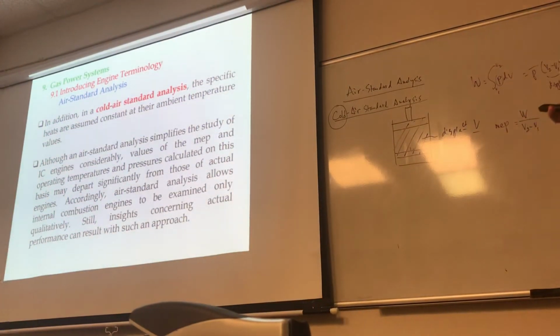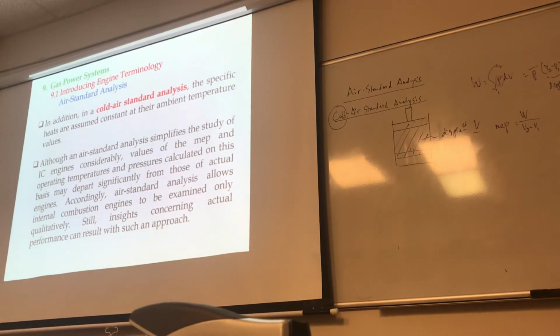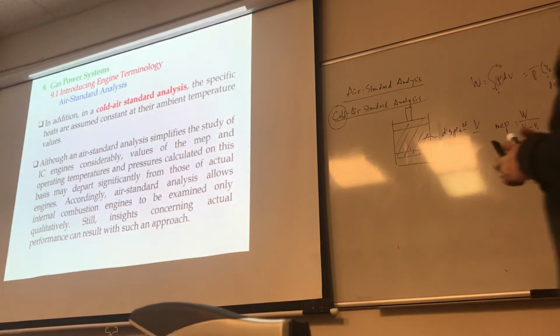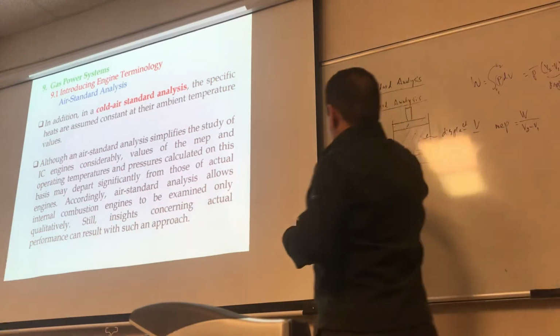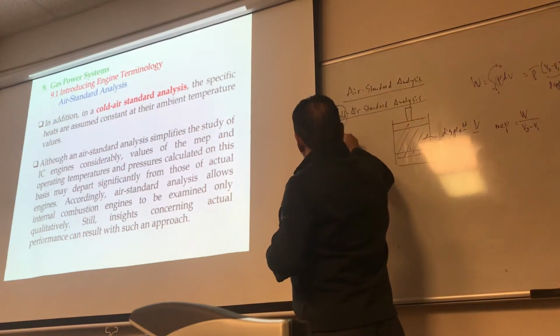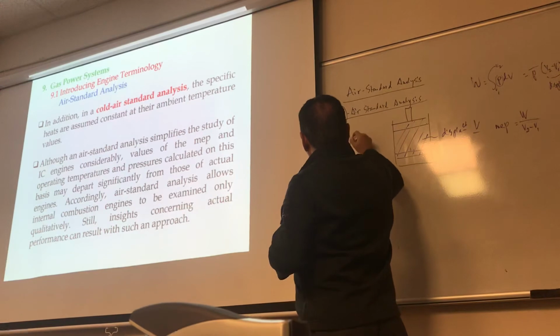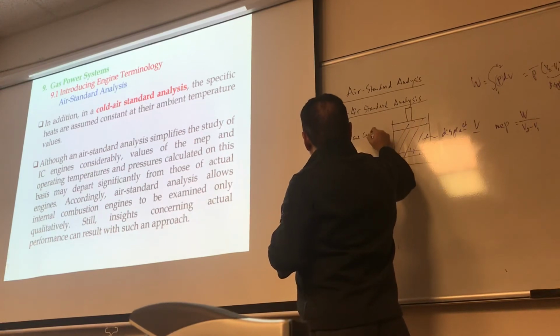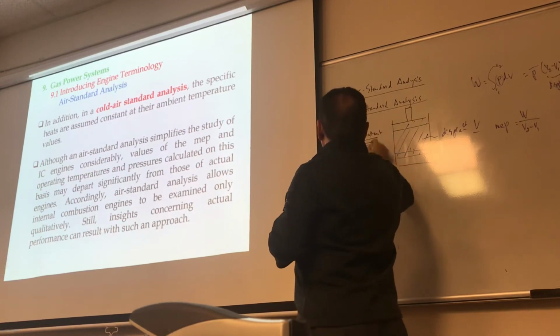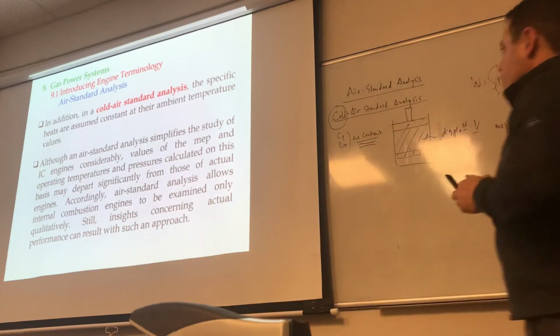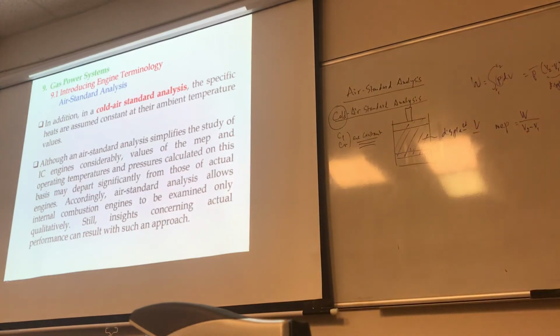Well, it says in addition, in a cold air standard analysis, the specific heats are assumed constant at their ambient temperature values. In other words, C sub P and C sub V are constant, which is going to be pretty helpful for some calculations, as you will see later on, okay?